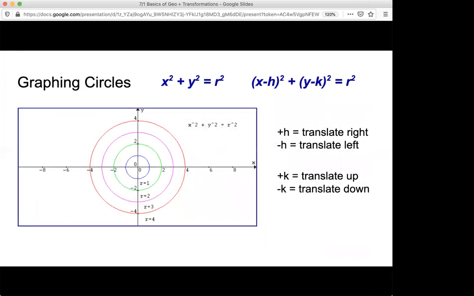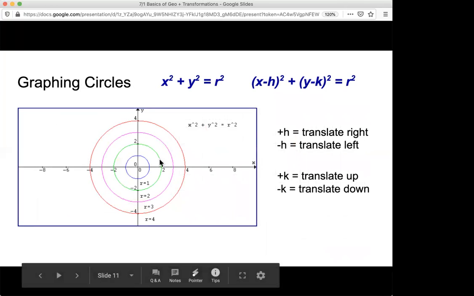So next, we'll be talking about circles. The parent function, again, is x to the power 2 plus y to the power 2 equals r to the power 2. So r is basically the radius, which is how far your center is from the outer point.